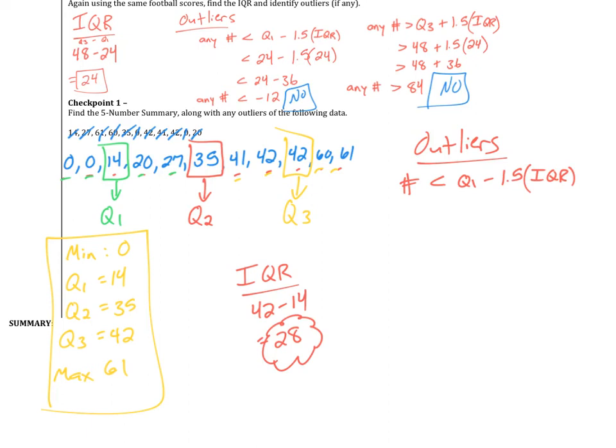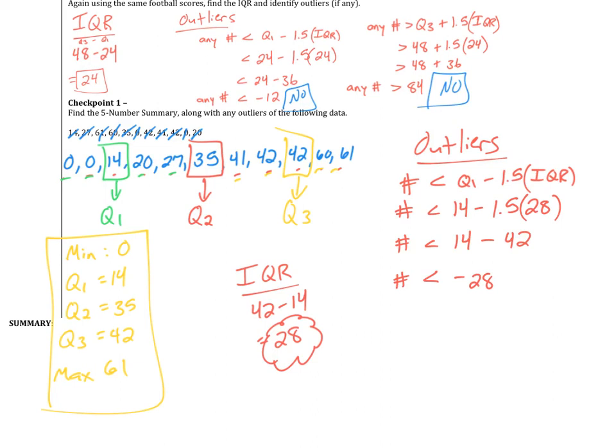So outliers would be any number that is less than 14 minus 1.5 times 28, which is 42. So 14 minus 42 is negative 28.